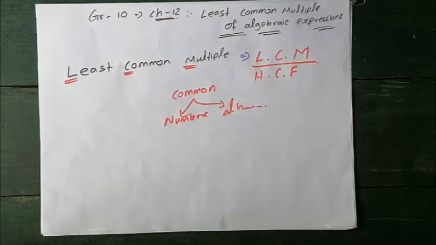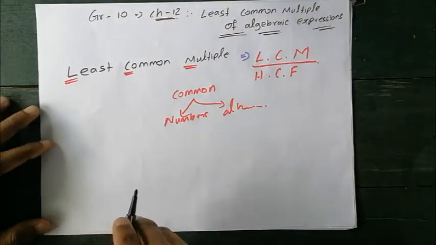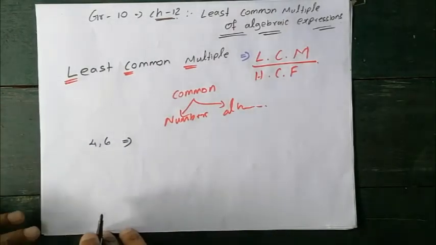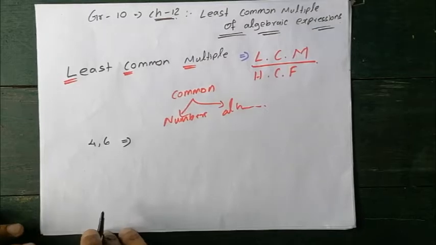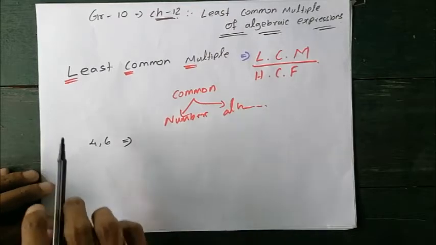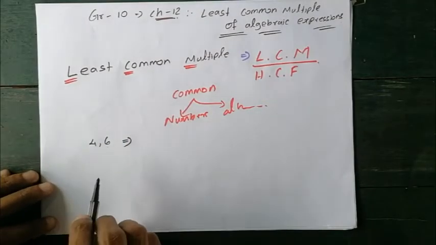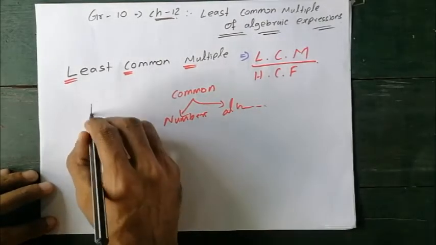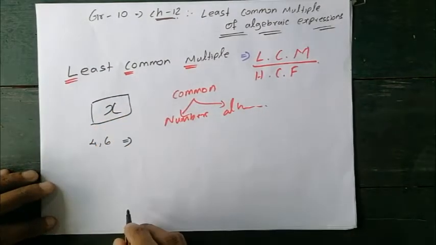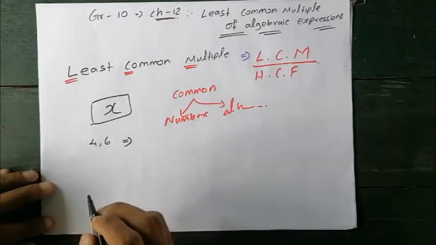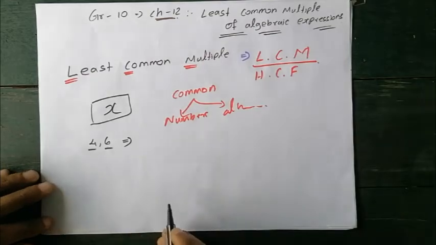So how do we find LCM? If you take the numbers 4 and 6, find the LCM of 4 and 6. What is the meaning of LCM of 4 and 6? Least common multiple means you have to find a number that can be divided by these given numbers.